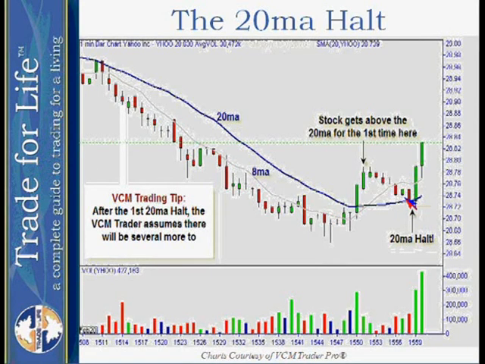Now, let's assume, guys, that while this stock was dropping to the downside, this is how the daily bar, when the stock was here, looked. When the stock was there, this is a 1 minute, your daily bar looked like this.